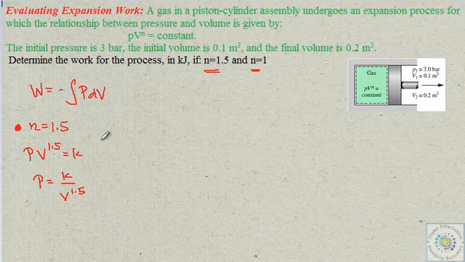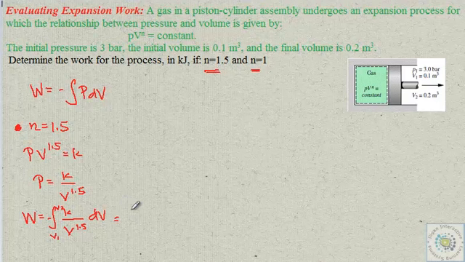Therefore, the work in this case will simply be equal to the negative integral of k over V^1.5 dV. How do you integrate that? Of course, we integrate from the limits V1 to V2, where we already know V1 is 0.1 and V2 is 0.2. And k is a constant, so we'll just factor that out first.